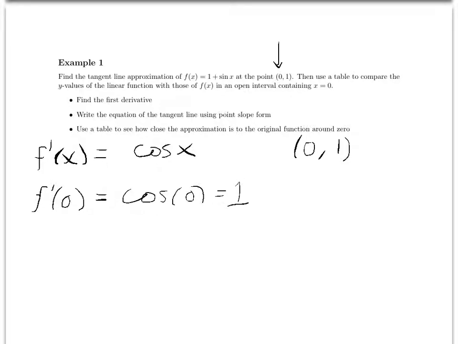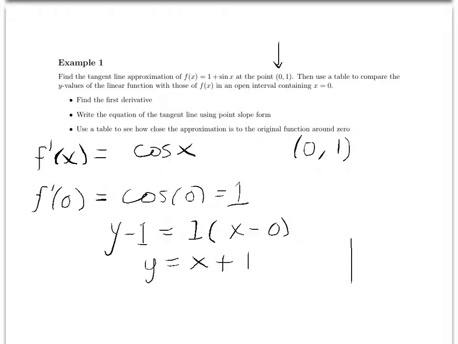You got it. Okay, so now we have a point and a slope. We can write the equation of the tangent line. It's going to be y minus 1 equals 1 times x minus 0. Okay, rearranging to solve for y, we would end up with y equals x plus 1. Okay, so there is our line that is tangent.